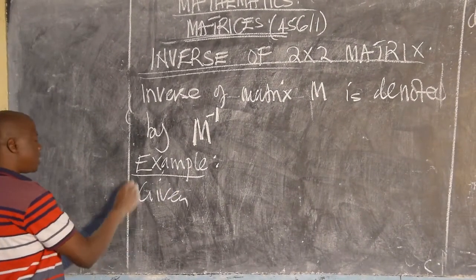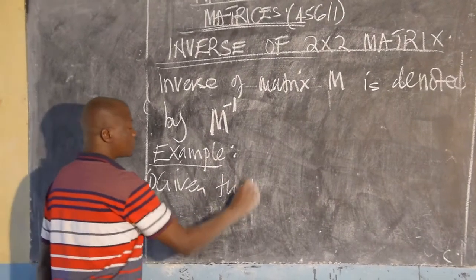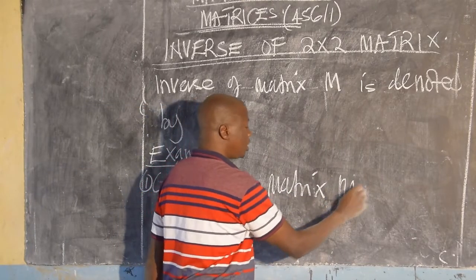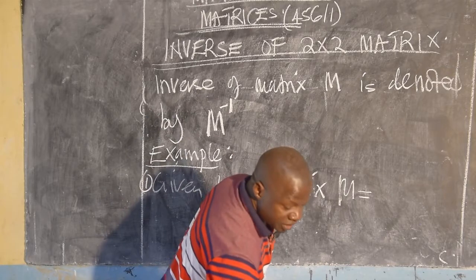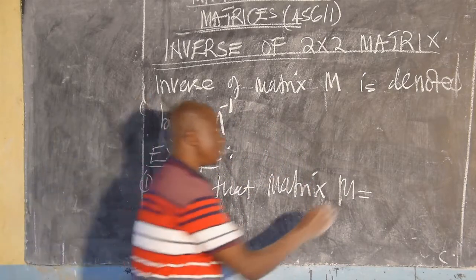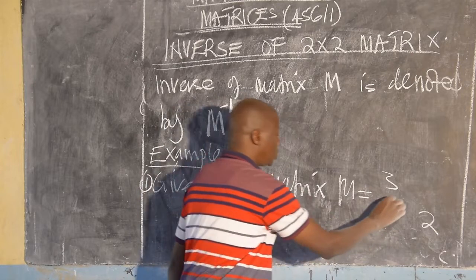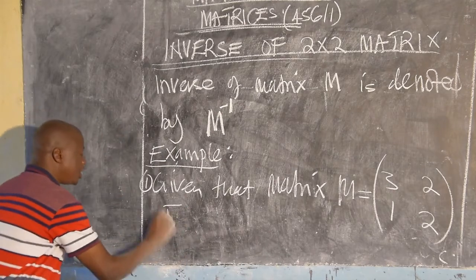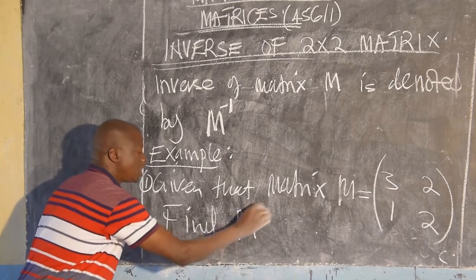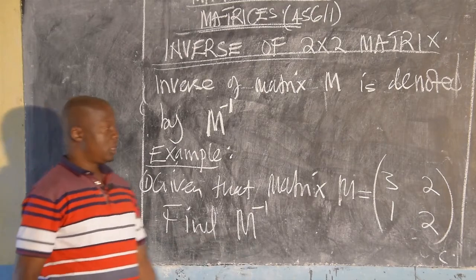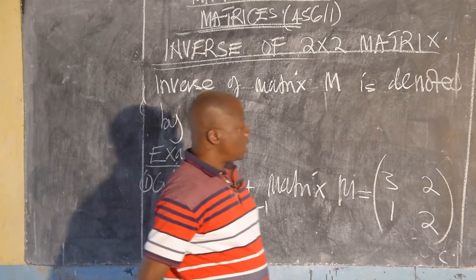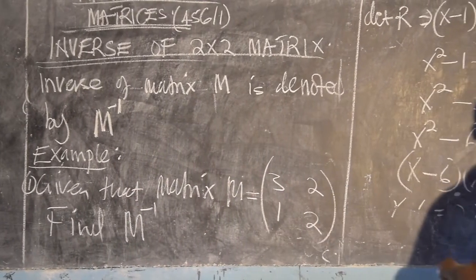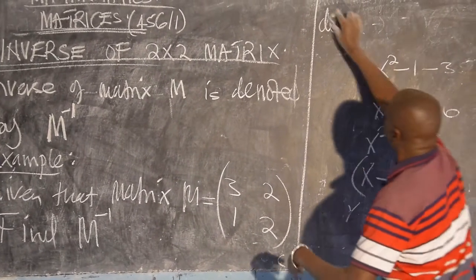Number 1, given that matrix M equal to 3, 2, 1, 2. Find M inverse, or find the inverse of M. Dear students, to find the inverse, you need to know how to get the determinant.